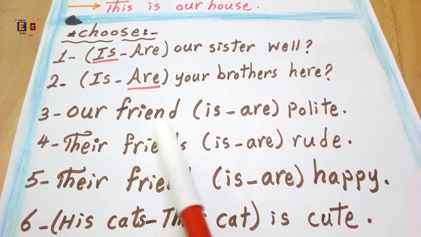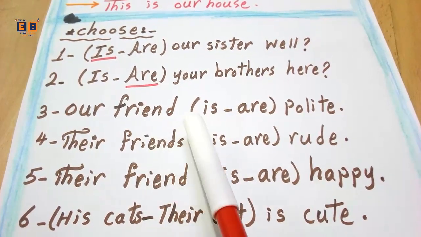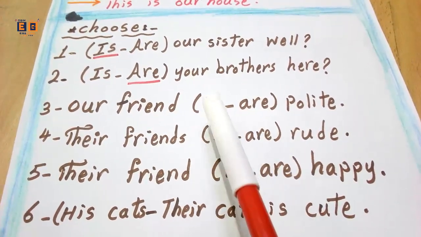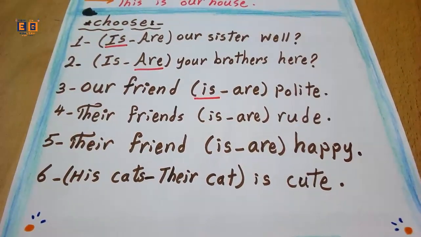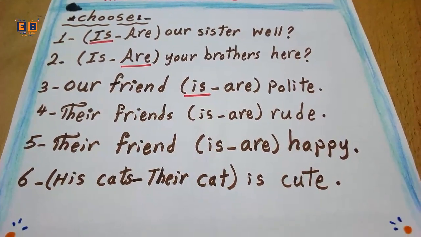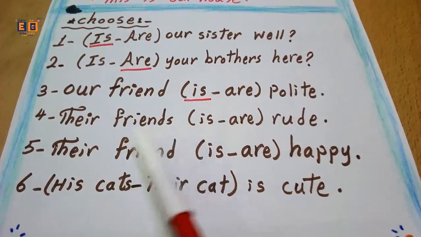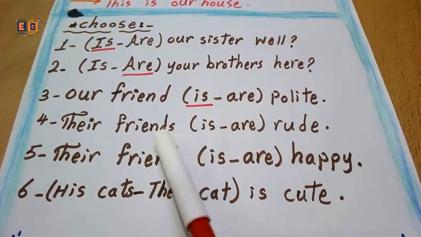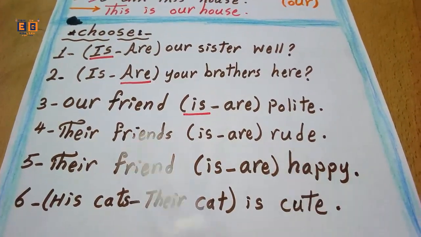So our friend as one unit is a singular word. So the right one will be is polite. Number four, their friends is or are rude. Here is their friends. Here we have a plural noun, so it will be are rude.